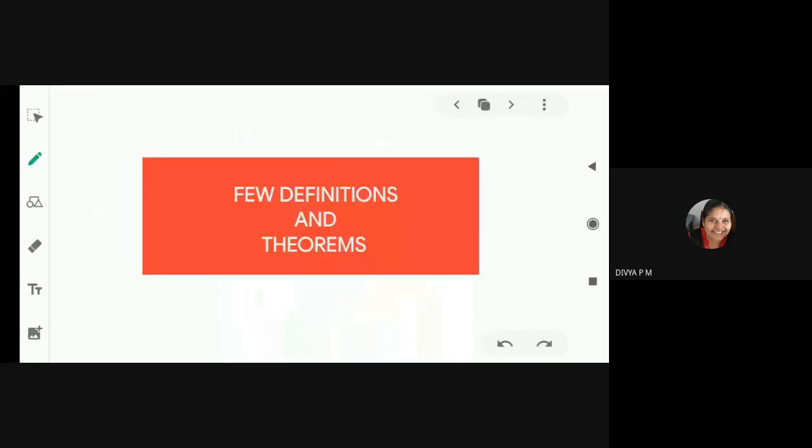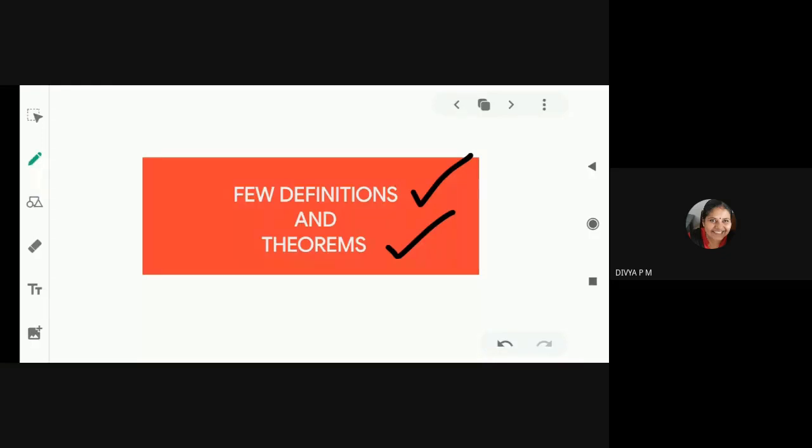Okay, for learning any language or any subject, we require definitions as well as basic theorems and results. Mathematical subjects are based on an axiomatic setup.